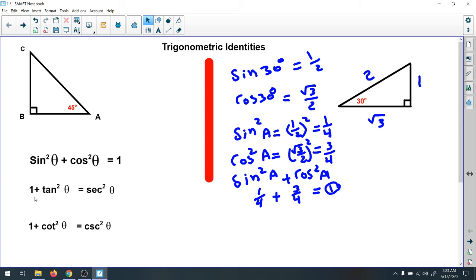The second formula is tangent squared plus 1 equals secant squared. And the third is cotangent squared plus 1 equals cosecant squared of theta. So three identities. I want you to keep them in your notes to use for solving problems in the future.